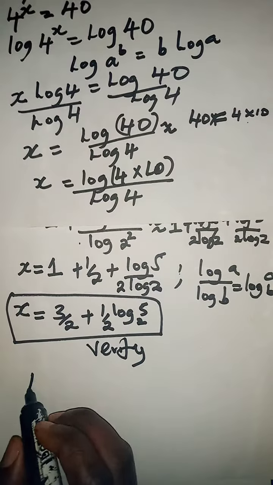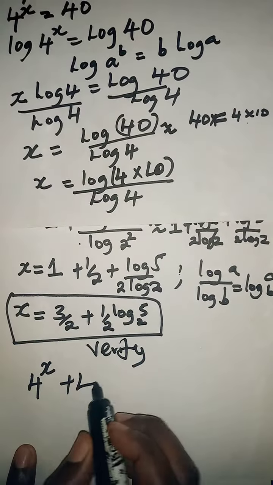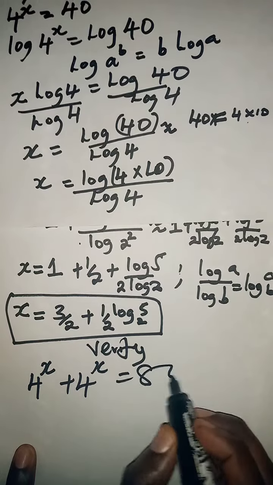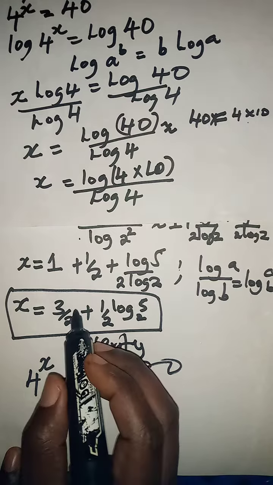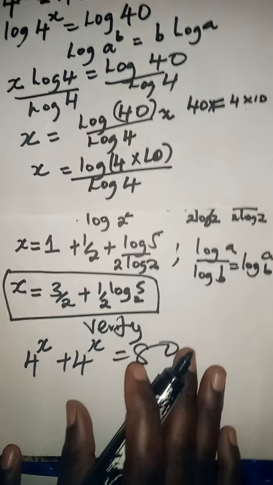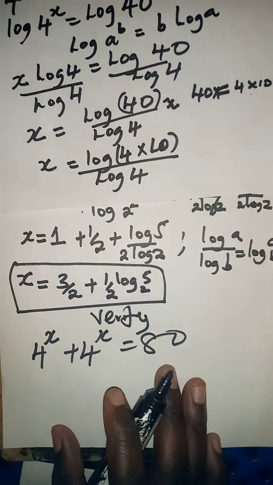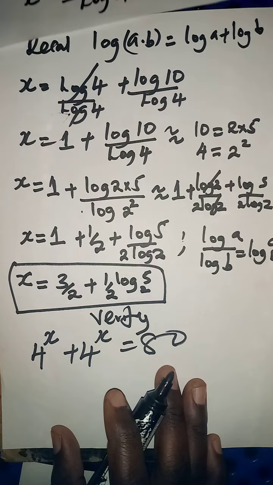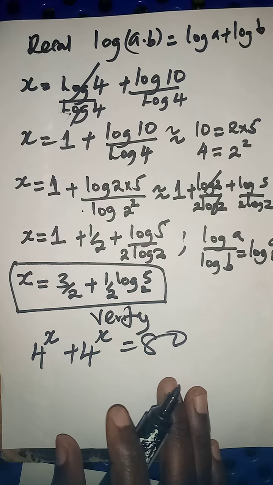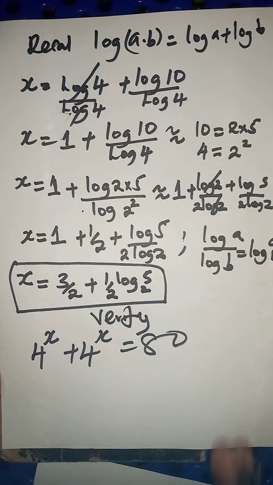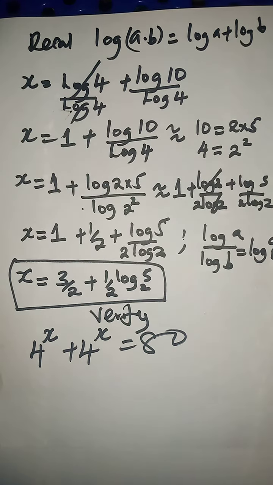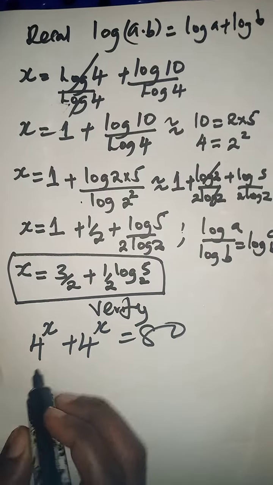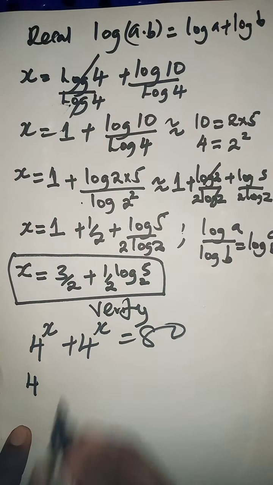Given that 4 raised to X plus 4 raised to X is equal to 80, wherever we have X, I'm going to replace it with 3 over 2 plus a half to the log of 5 base 2, and this is going to be written as 4.